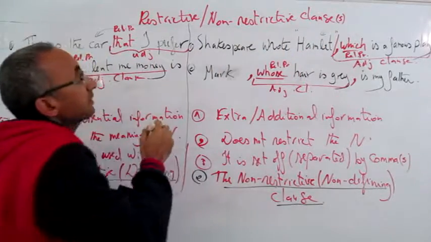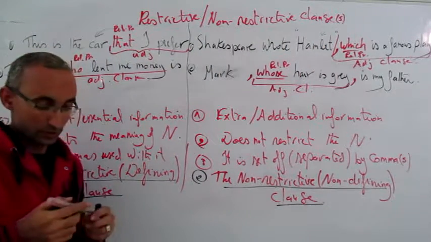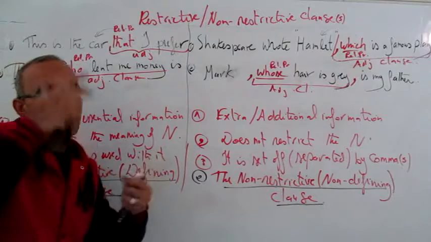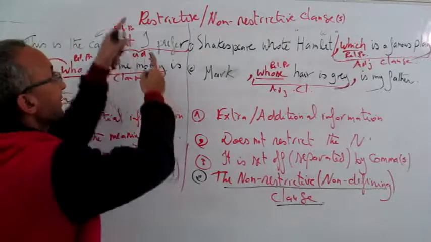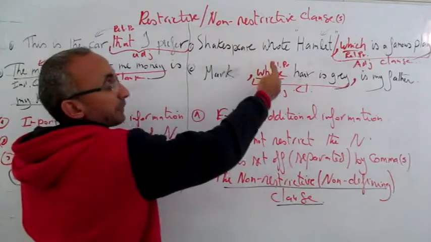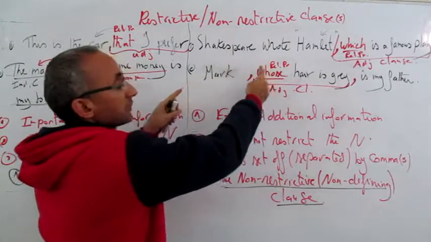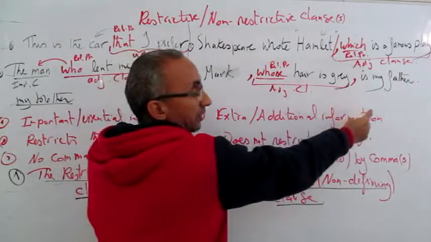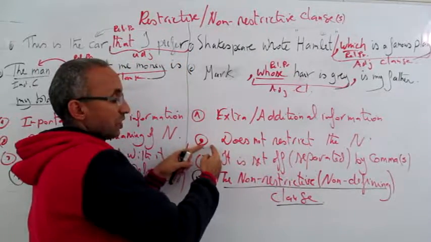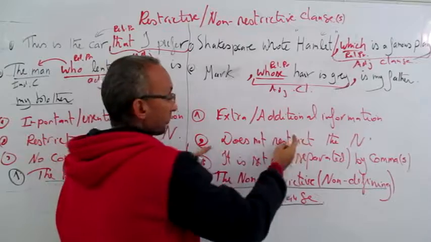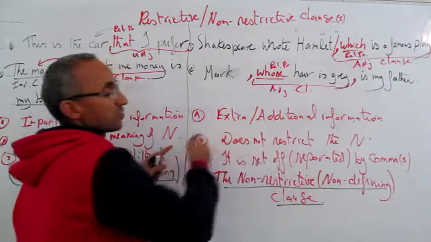And both of them are adjective clauses. Now you can imagine your diagram of different types of clauses. We have independent, then dependent. I have adverbial, adjective and noun. And under the adjective I have what? I have restrictive and non-restrictive.